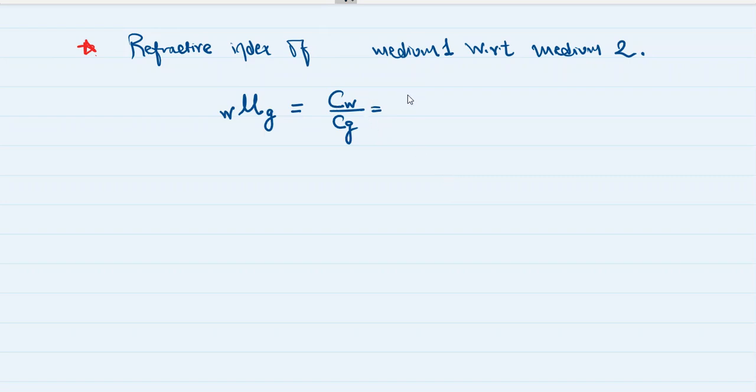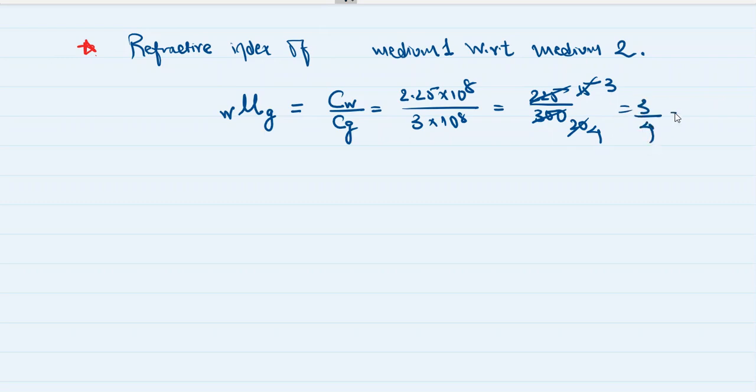So speed of light in water is 2.25 into 10 raised to 8 meter per second, and speed of light in glass is 3 into 10 raised to 8. So this will be 225 upon 300 if we simplify this. We can simplify this further. 15 15s are, and 15 20s are, 5 3s are, 5 4s are. This will become 3 by 4 or 0.75.